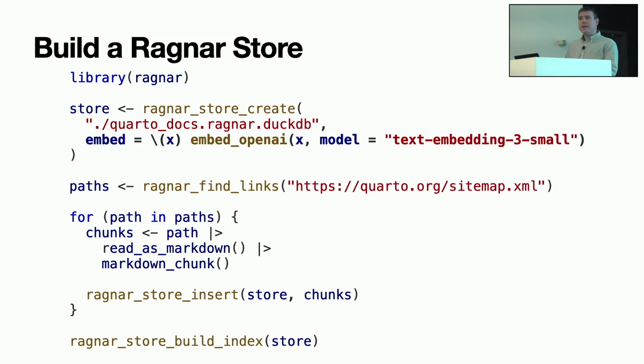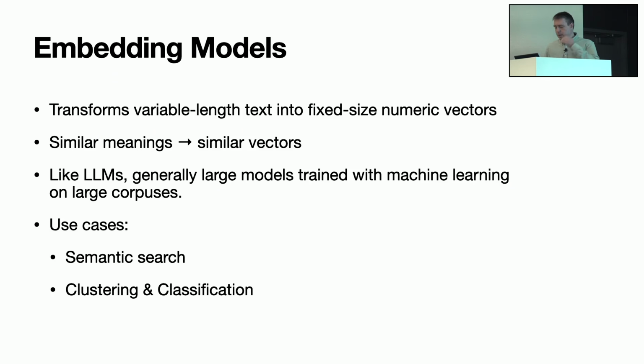You also pick an embedding function at the time that you create a store. So here we're using an embedding model from OpenAI. Embedding models are basically functions that transform a piece of text into a numeric vector. And the magic of them is that similar meaning strings transform to similar vectors. And this magic comes from machine learning.